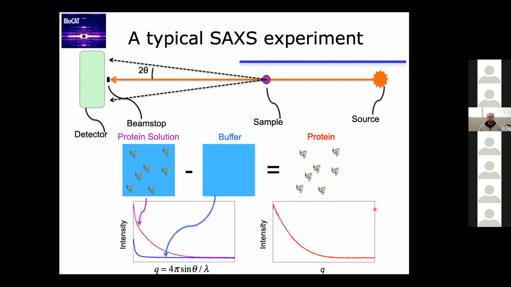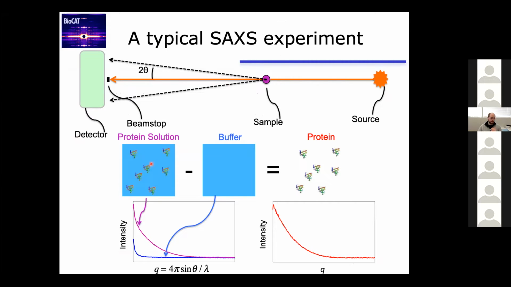So how do we typically do small angle scattering? We have, in very cartoon form, an X-ray source, which produces a beam of X-rays, or it could be neutrons as well, but I do X-rays, so I'm going to say X-ray all the time. We shine the beam on the sample, that scatters onto a detector, and we measure that scatter.